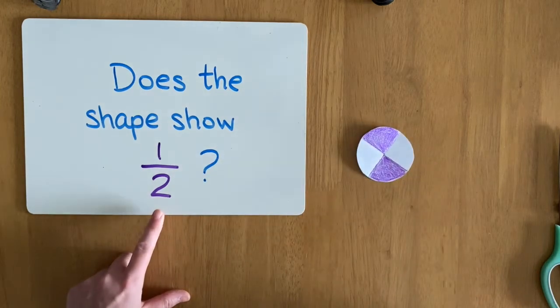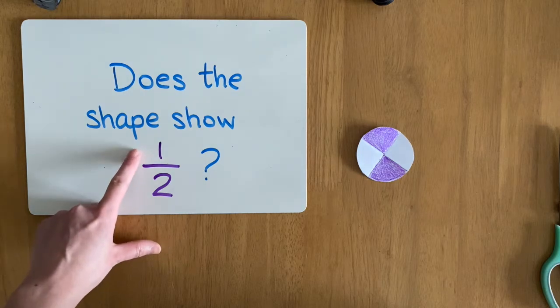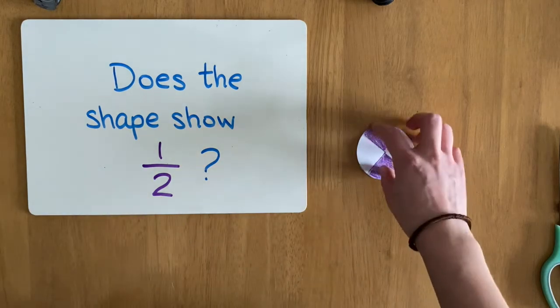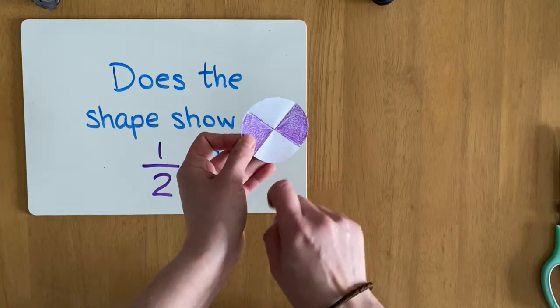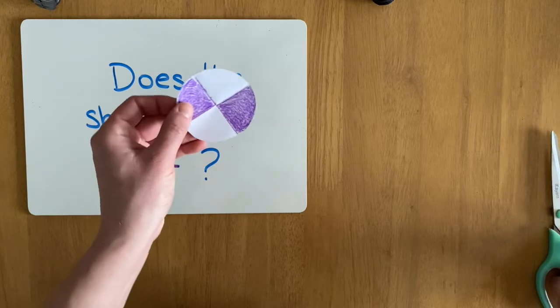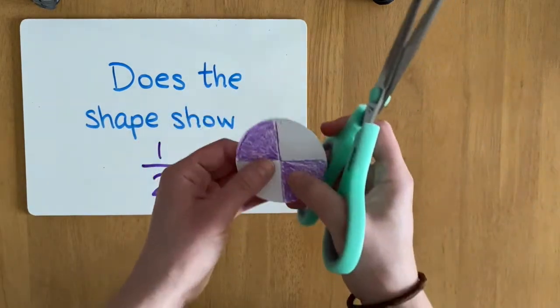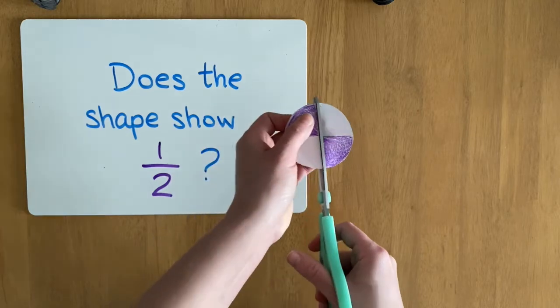We split it into 2 equal parts and we hold one of those parts. This one looks like it's split into 4 parts and we're holding or coloring in 2. But I'm going to show you a little trick. I'm going to cut the circle up. I'm going to put it back together.